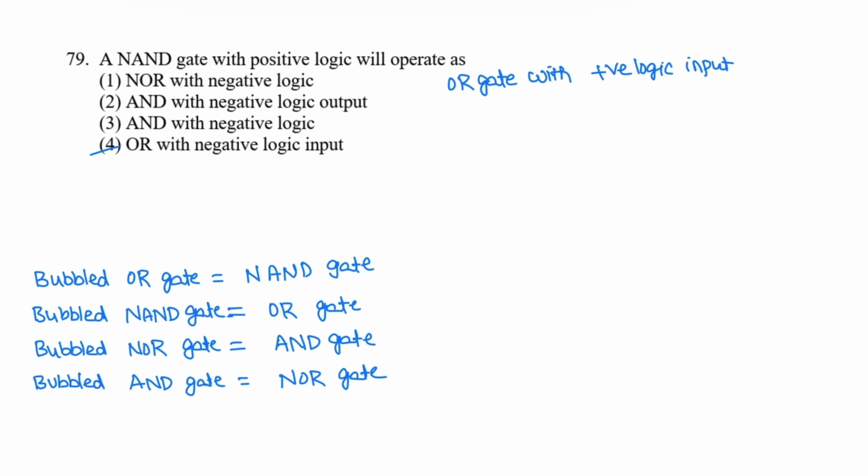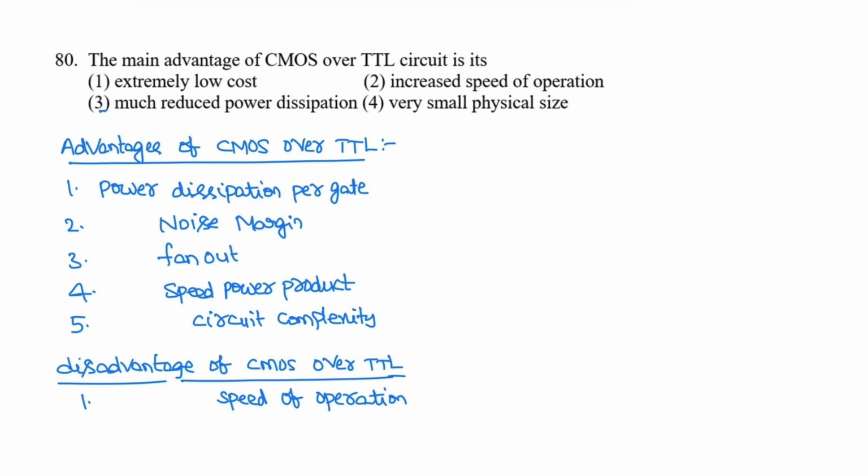Next question. The main advantage of CMOS, complementary metal oxide semiconductor, logic over TTL, transistor-transistor logic circuits, is: let us see the advantages and disadvantages of CMOS over TTL.